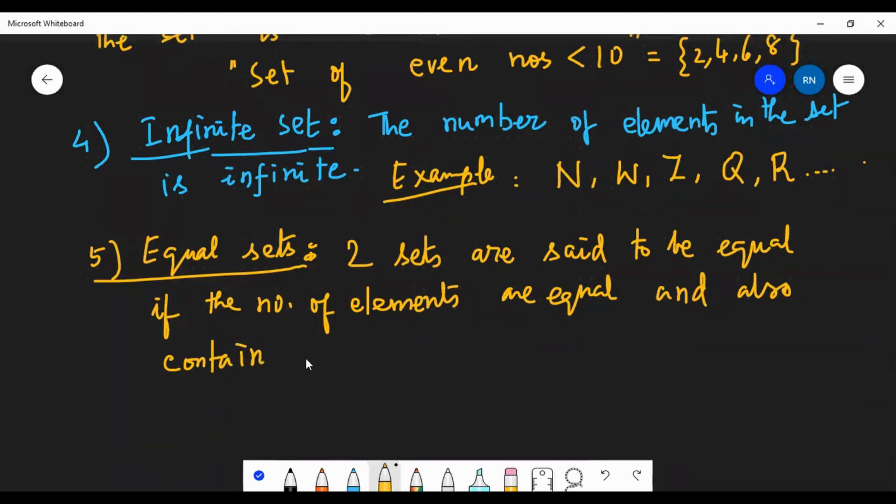Contain same elements but may not be in order. Contain same elements, they are equal. Number of elements are equal also. They contain same elements also. Again, let me come up with a short example.